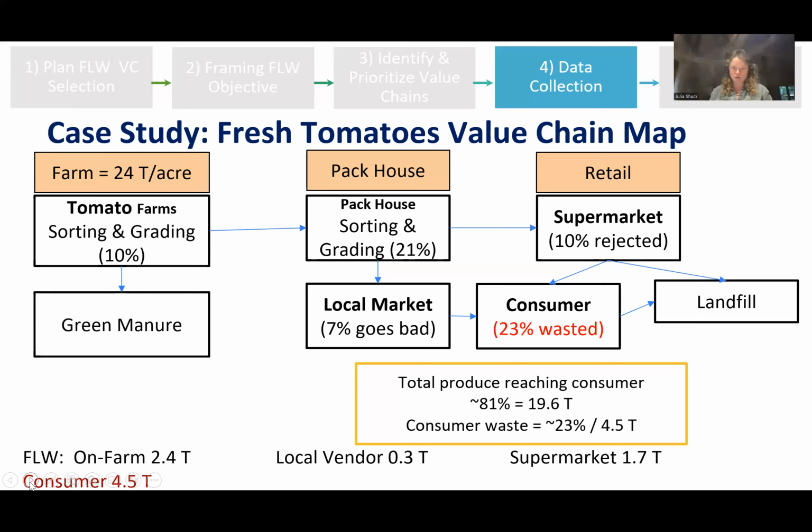When we interviewed and surveyed consumers, we found that about 23% of the tomatoes they purchase end up having to go into the trash. So of the total production of tomatoes that we saw, 81% makes it to the consumer, and from the consumer onwards, you have just shy of a 25% loss. Next slide.